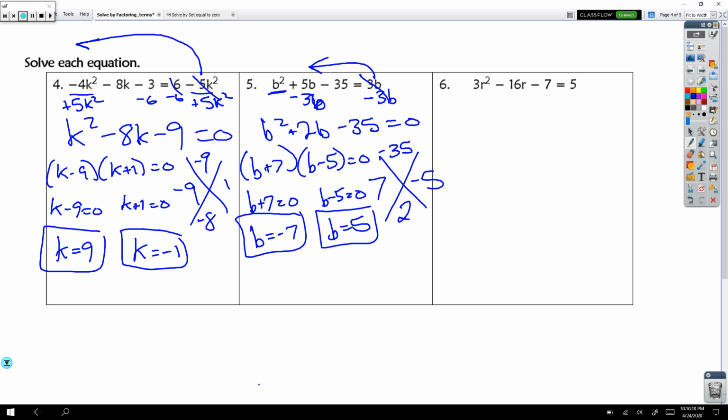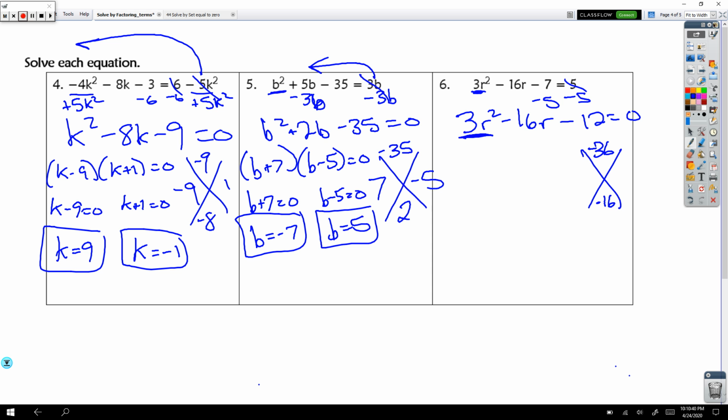Alright, last one here. It's already positive there, so we'll subtract the 5. Not by itself, so we have to do AC method. So 3 times negative 12 is negative 36, and it's got to add up to negative 16.